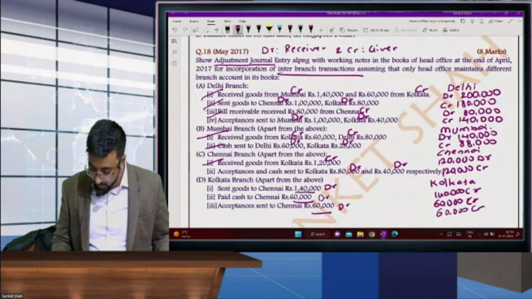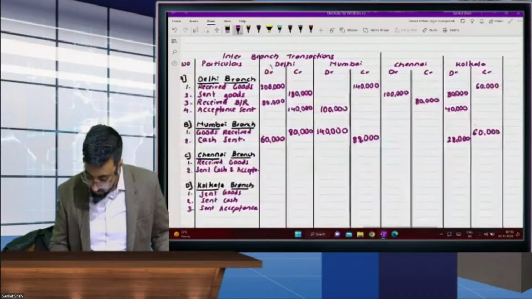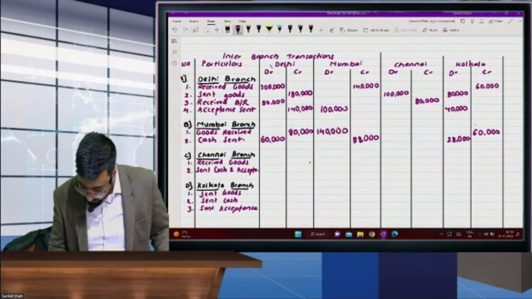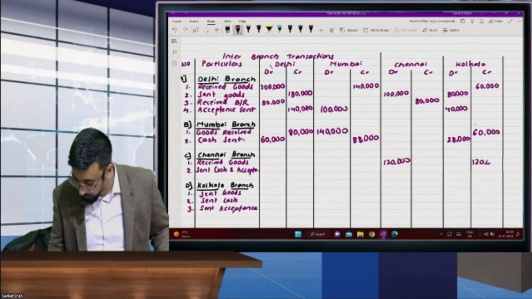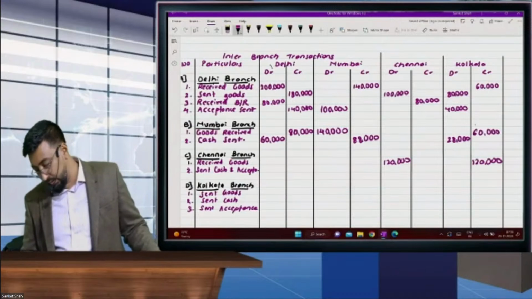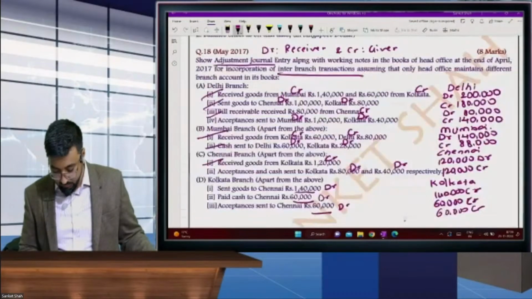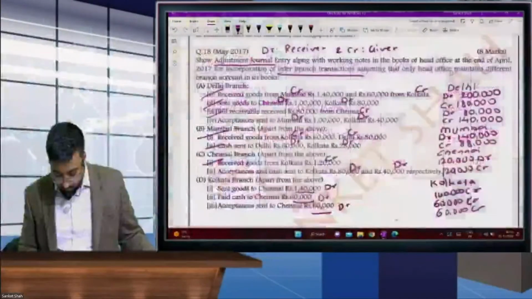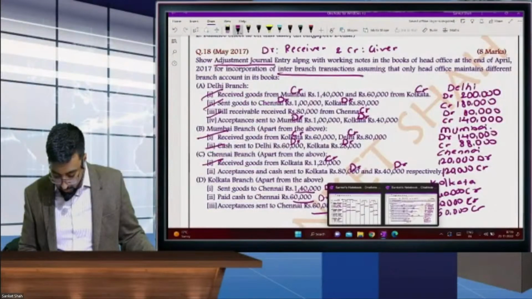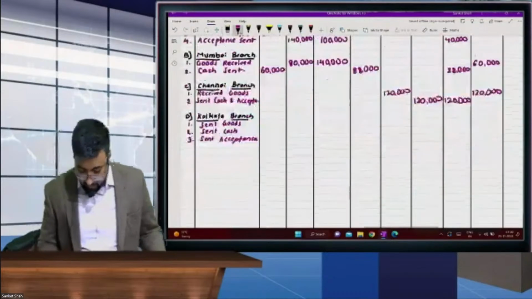Kolkata 1,20,000 credit. Chennai 1,20,000 debit. Chennai 1,20,000 debit. Kolkata 1,20,000 credit. And sent cash, Kolkata 120 debit. Chennai 120 credit. Last one.